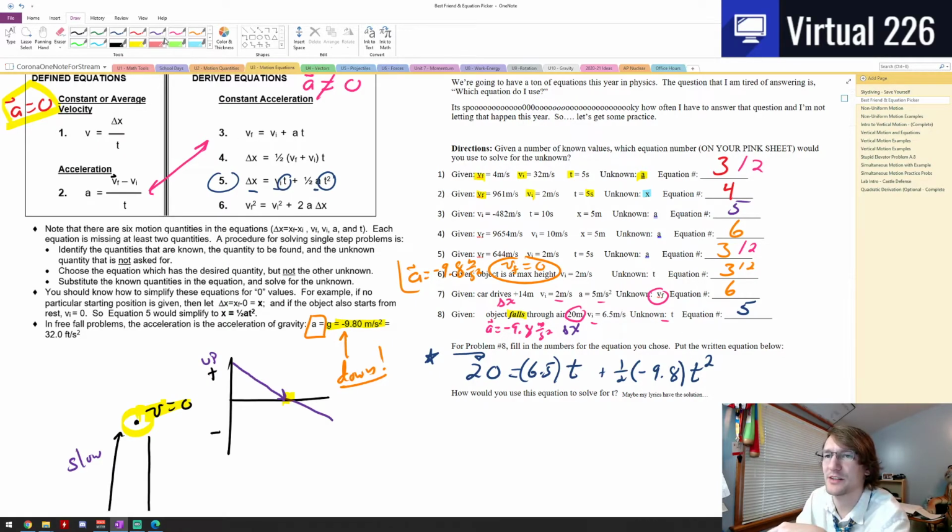And since this object is falling through the air, it's actually going down, and we called down the negative direction. See how gravity is negative there, and gravity is pulling down or inward towards the Earth. So we actually need to have a negative here. But this equation is kind of weird, because how would you go ahead and solve it? It has a t and it has a t squared.